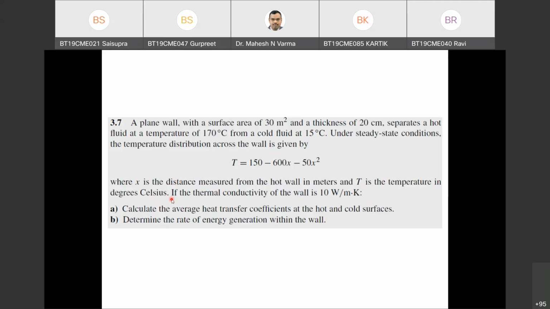Q is equal to K into delta T, T at x equals 0.2 minus T at x equals 0. K into area. So you can see K is in watt per meter Kelvin. If you multiply, that is wrong. So how to get flux?